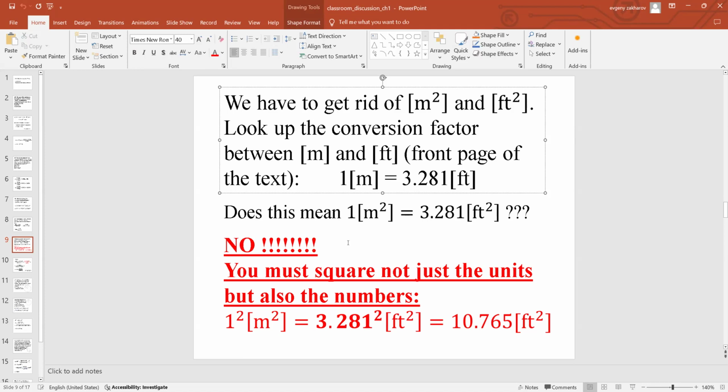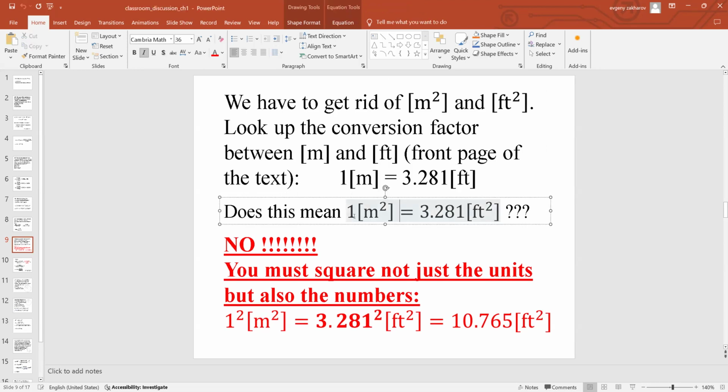The moral here is if you got linear units, just meters and feet, and you want to go to squared or cubed, then you have to square or cube the whole thing. And by whole thing, I mean it's 1 squared and meters squared. It's 3 and a change squared and feet squared. So everything goes squared, not just the units, but also the values.